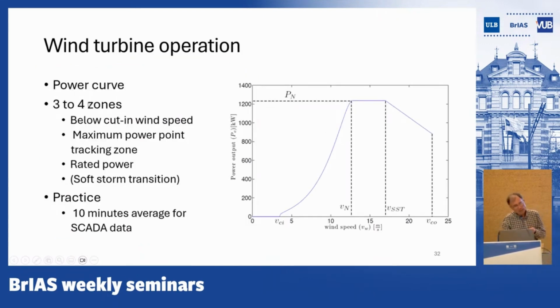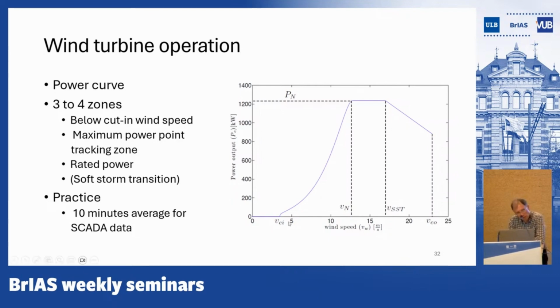And the reason you do this is explained through this graph, which is called the power curve of the wind turbine. So here you have on the y-axis the power produced by the wind turbine, and on the x-axis the wind speed. And you see that there are actually 4 zones. Below a certain wind velocity, the energy in the wind is not sufficient to be able to produce electricity.